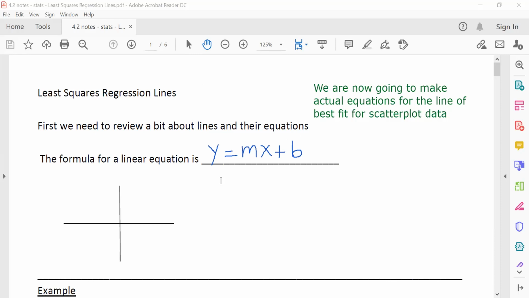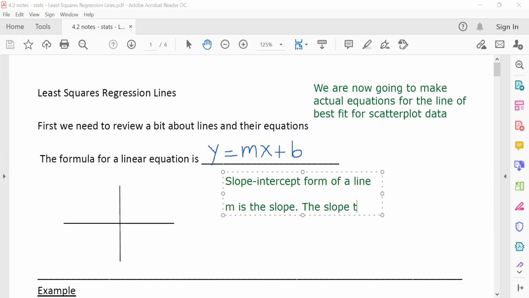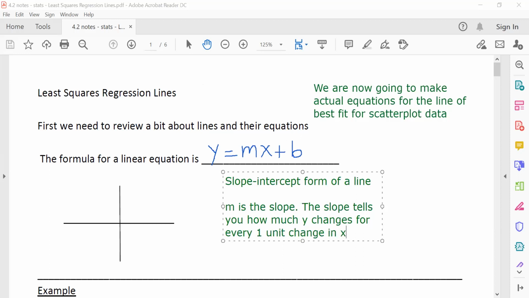Well, this is called slope-intercept form. M is the slope. The slope tells you how much y changes for every 1 unit change in x. If I increase x by 1 unit, the slope tells you how much of an effect that has on y.